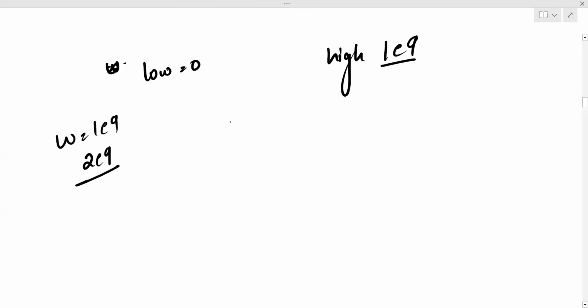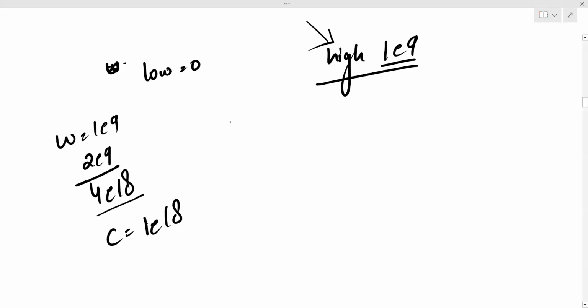If you try to find the area of a square which has a side more than 2E9, you will get something like 4E18, and your C value is going only up to 1E18. So this value is more than enough. Is anyone having any doubt why I took my high as 1E9? Probably something lower than this will also work.